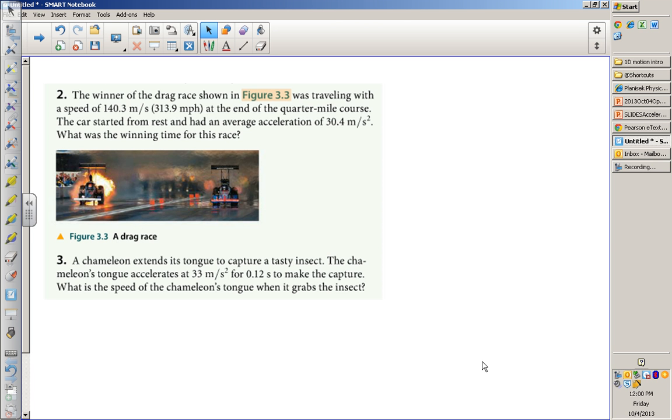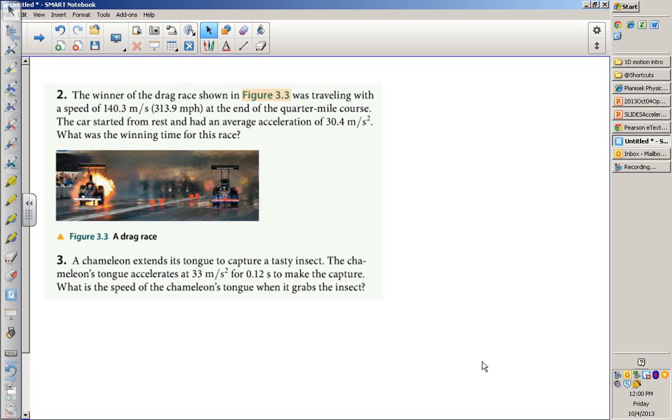Okay? So we talked about acceleration being defined as change in velocity over change in time. But we've discussed that with the delta notation, the change, in order to figure out the change in something, you have to know what? Initial and final. So we can modify that equation to look like that, where the top of the fraction is v final minus v initial, and that represents delta v.